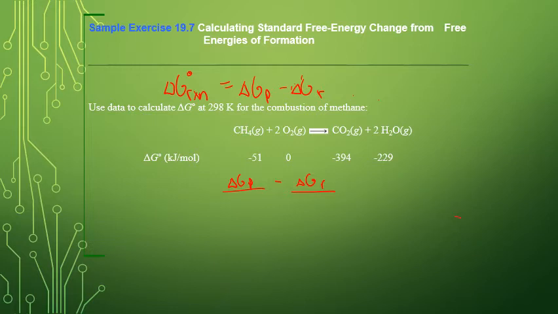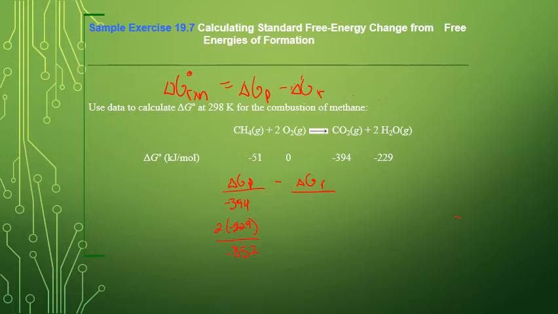For my products, I have negative 394, and I have 2 times negative 229. So 2 times negative 229 is negative 458, and with 394, I believe that should be negative 852.